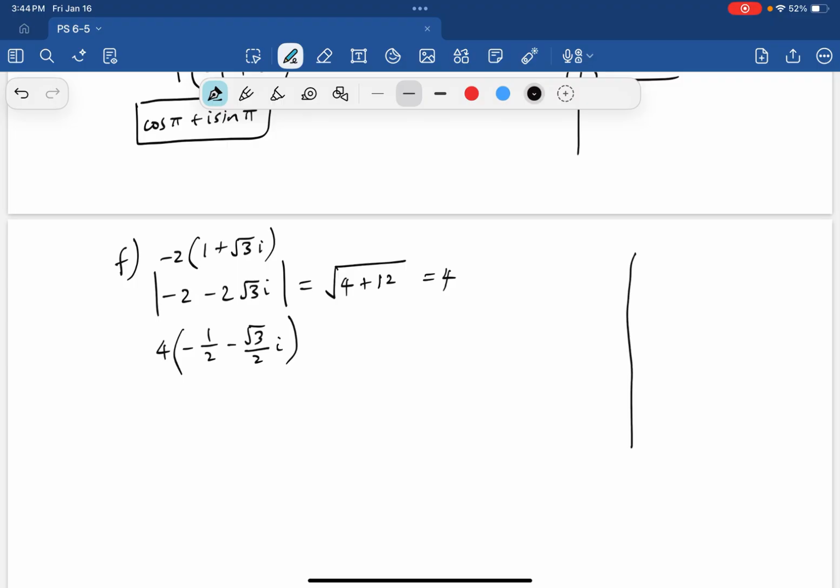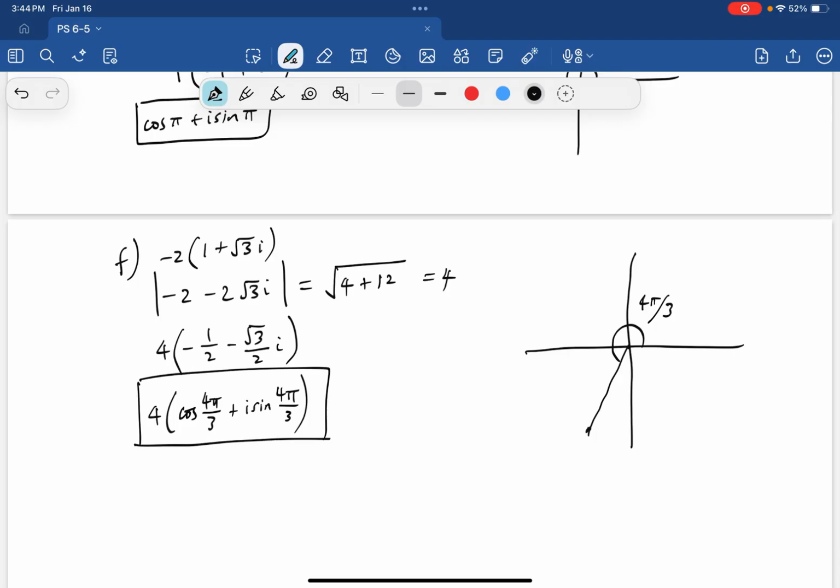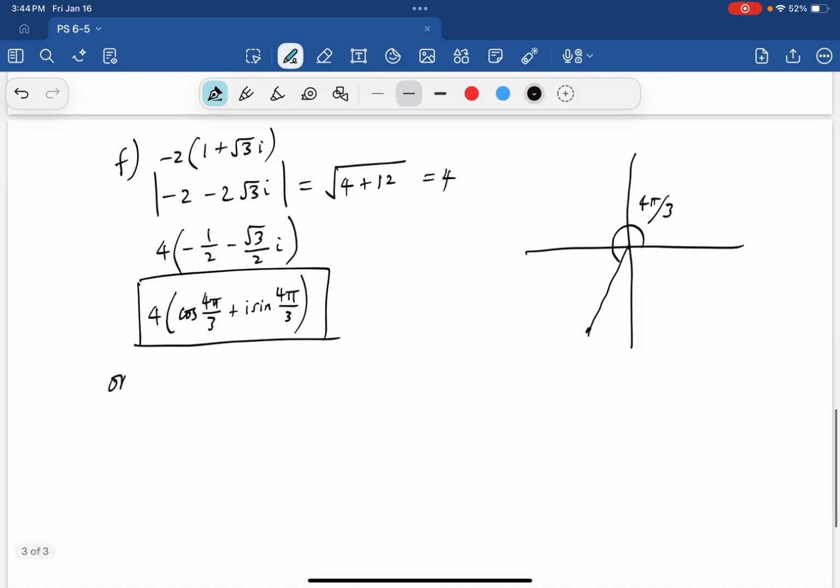If we plot that, negative 1/2 minus root 3 over 2, right here, that angle is 4 pi over 3. So we have 4 times cosine 4 pi over 3 plus i sine 4 pi over 3. Could have also had 4 times cosine negative 2 pi over 3 plus i sine negative 2 pi over 3.